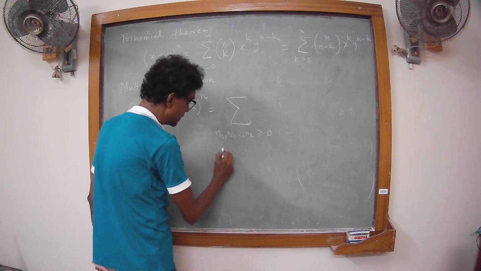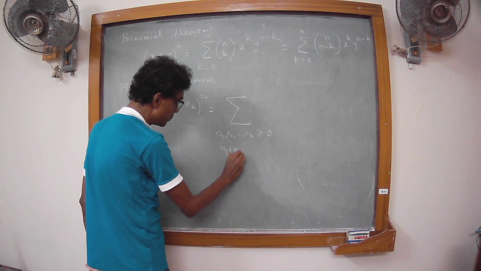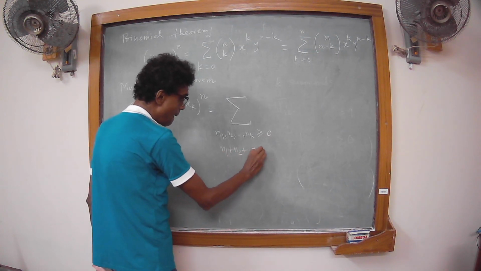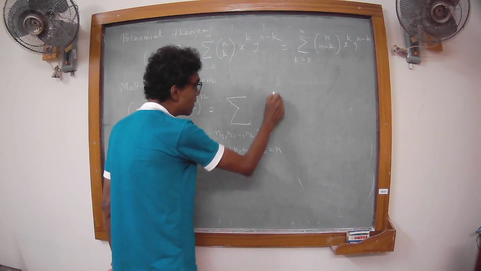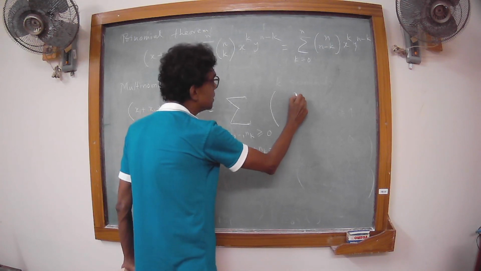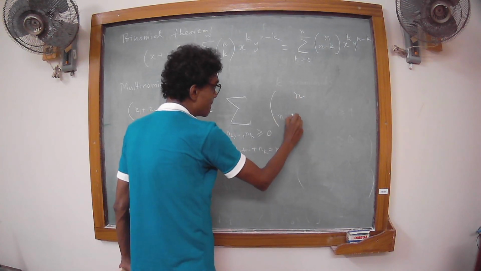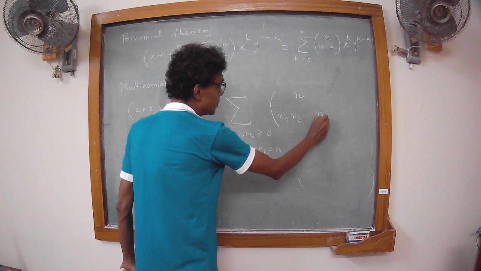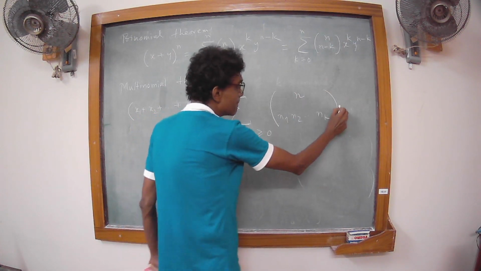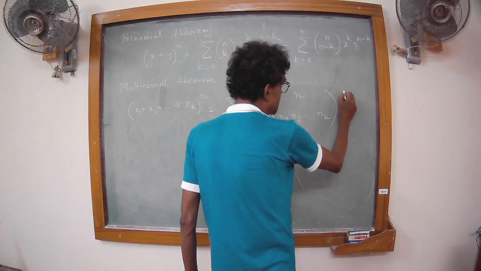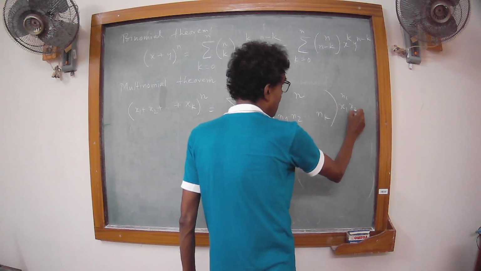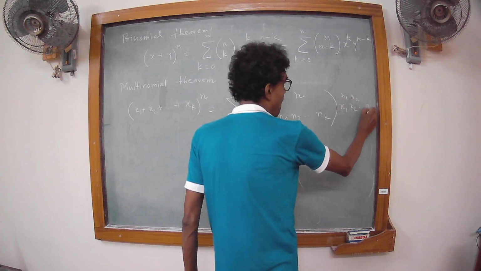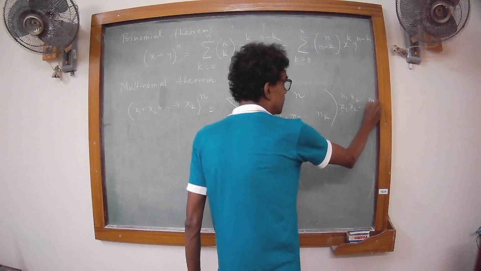These are non-negative integers and they add up to n. Now the coefficient is called the multinomial coefficient, written this way, times x1 power n1, x2 power n2, ..., xk power nk.